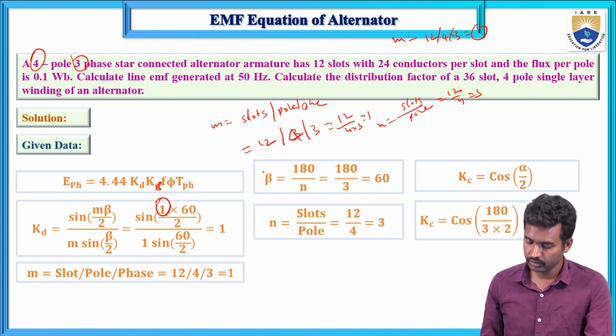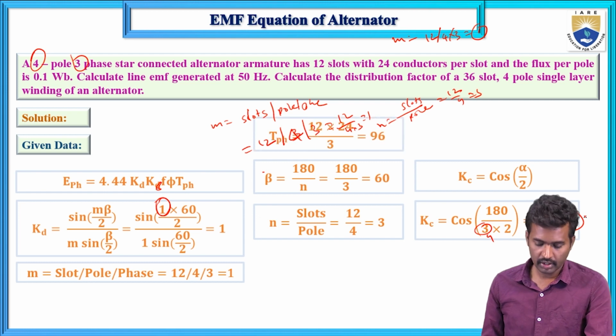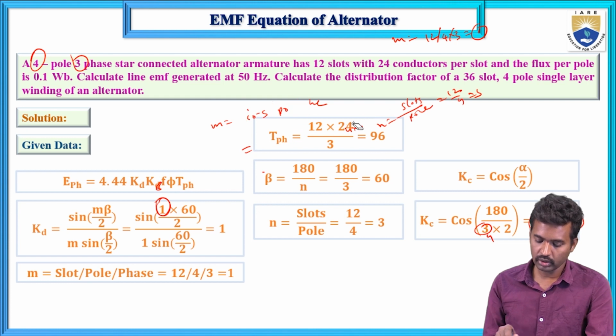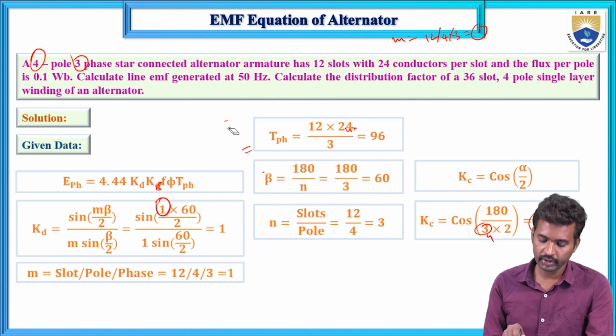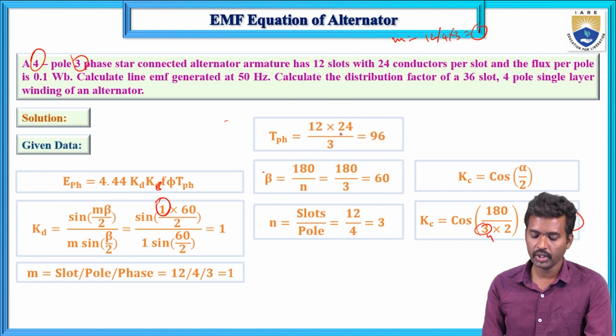Now if you substitute in this, kc equals cos alpha by 2, with alpha equals 180 by 3, and that equals 0.866, and this kd value is 1. Now the total number of turns. How many turns here?